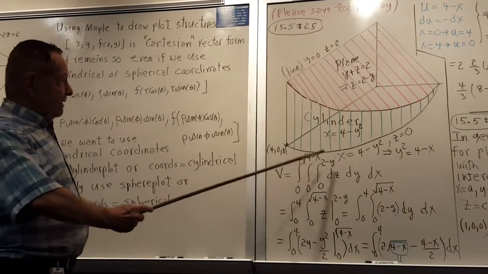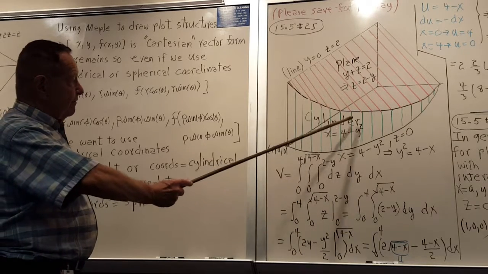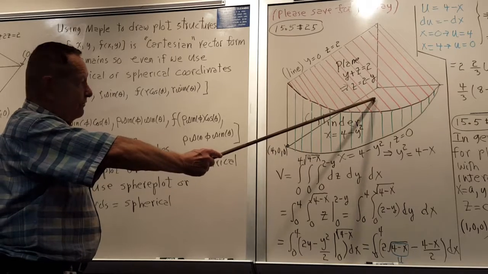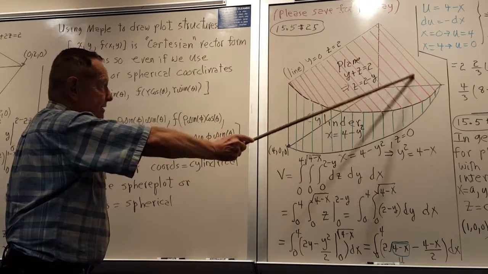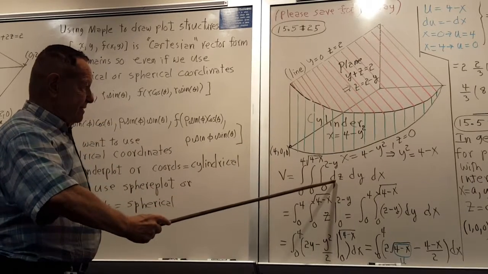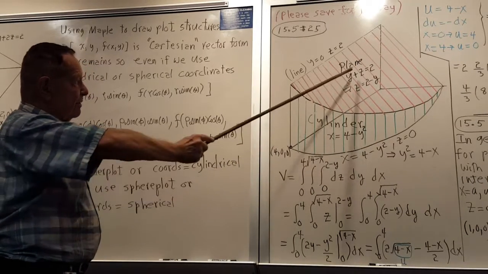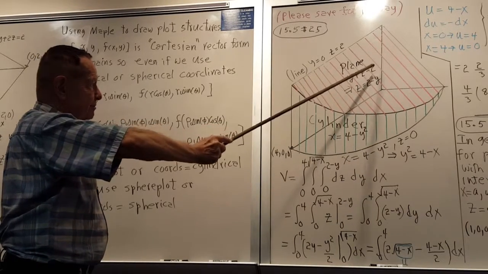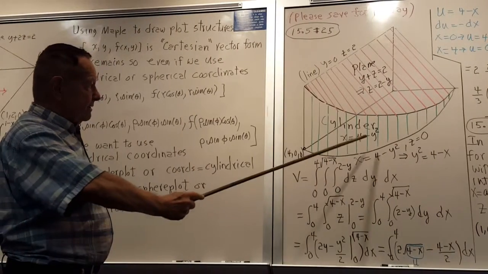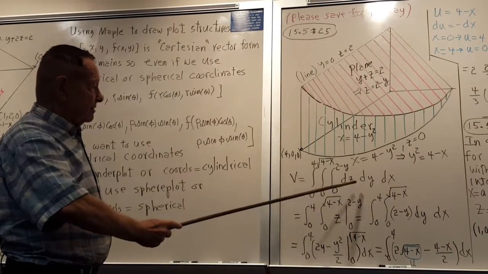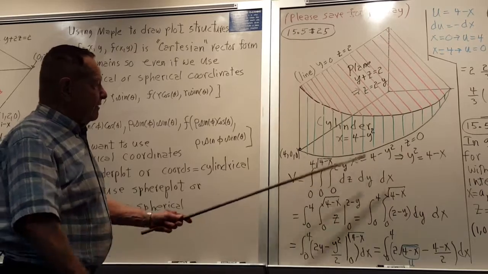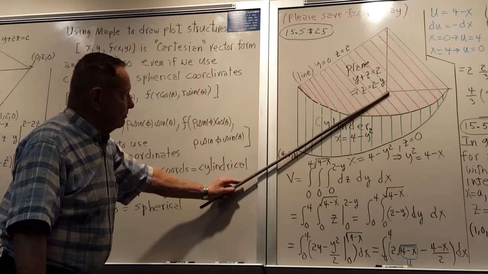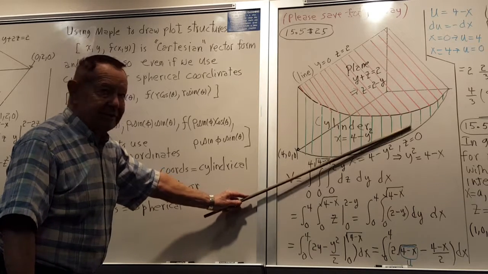So in this, you can see that if you start with Z, the Z's are all going to start down here on the floor, and they're all going to strike the roof here, which is in the red. So Z would go from 0 to, solving what you have here in this plane, 2 minus y. So you're going vertically first, and then if you do dy, the y's all would start down here in the plane of the floor.